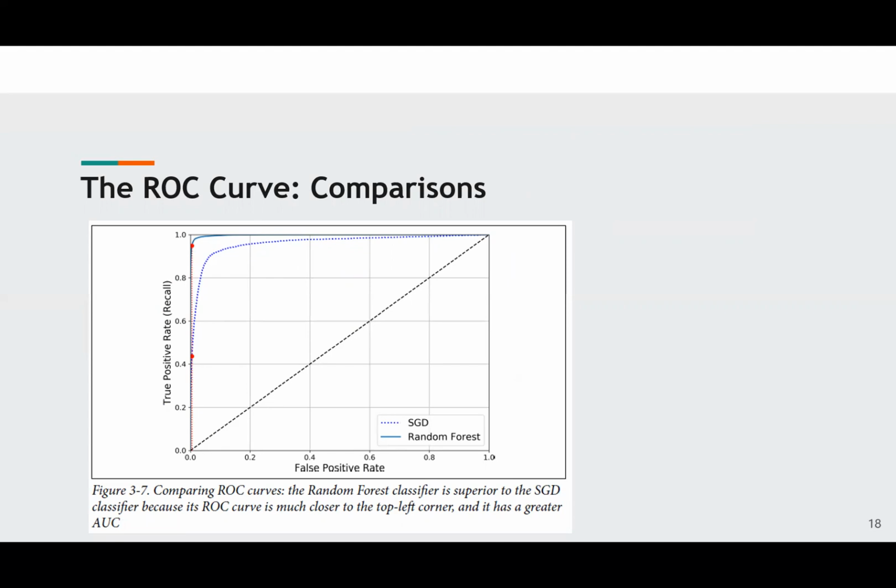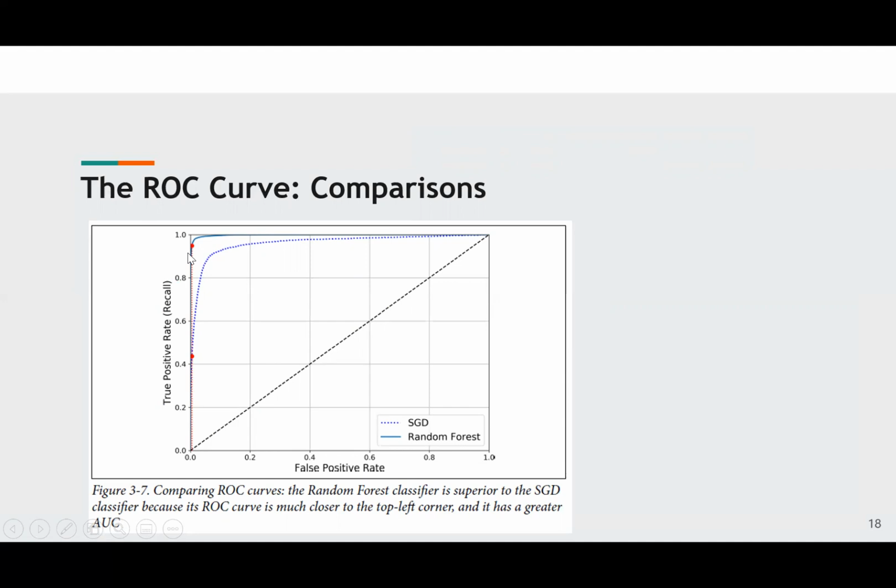You can see that random forest actually outperforms SGD, just as simple as the area under the curve is much higher for the random forest algorithm compared to the SGD algorithm. How do you think through this?